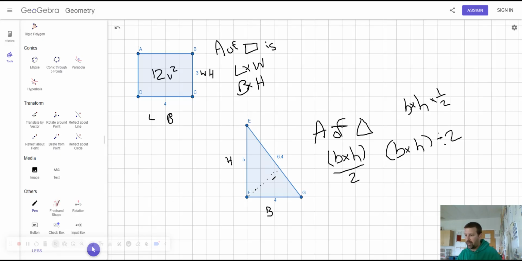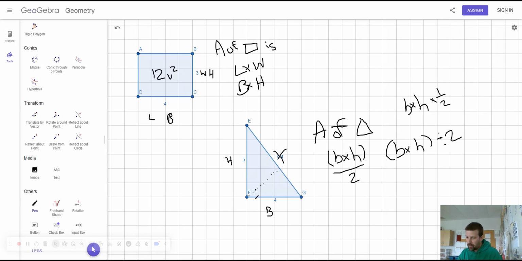I'm not gonna be able to create that. So this number is not helpful for area in this case. Perimeter, I need it. Could I use it for area? Yes, but in this triangle situation, I would choose to avoid it because it's not going to help me like 4 and 5 are gonna do.